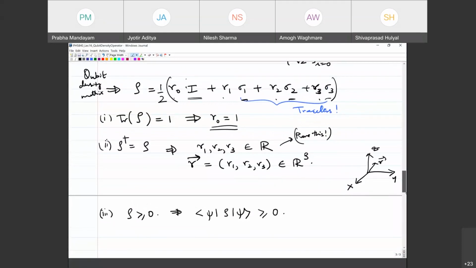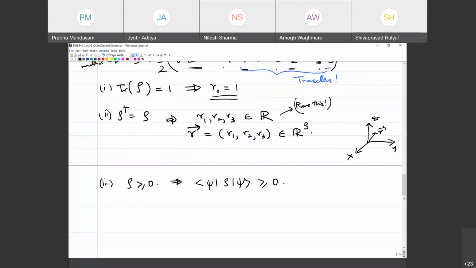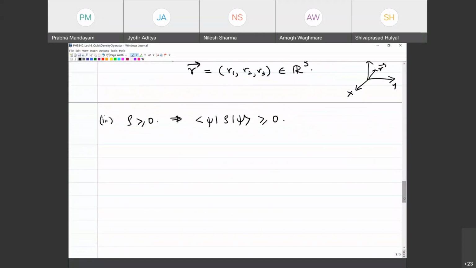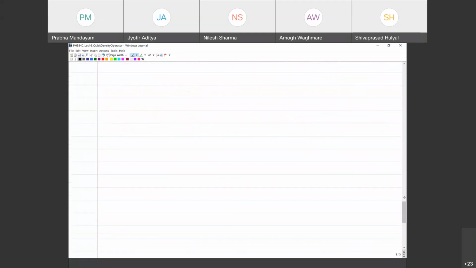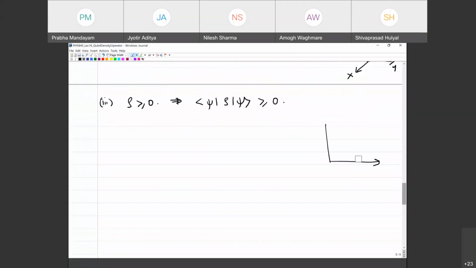The other question is, we know already that, while we think about this, if I take this 3D real space, then we already have a description of pure states on this.